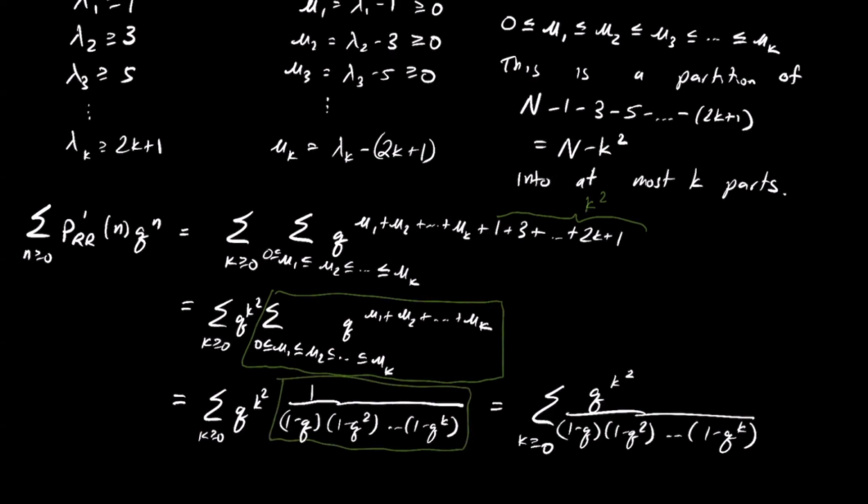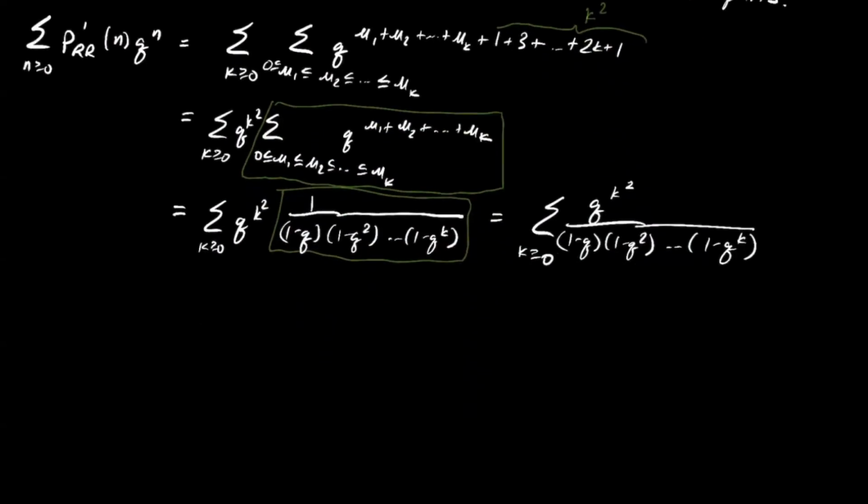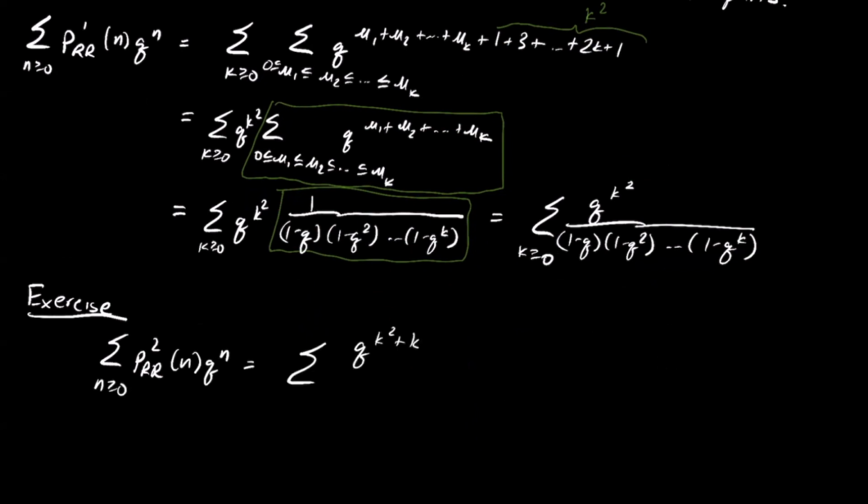And what's the exercise? The exercise to try: there's a similar expression for PRR2 of n. The exercise is that this is the sum of q to the k squared plus k over 1 minus q squared, up to 1 minus q to the k, where k is bigger than or equal to 0.